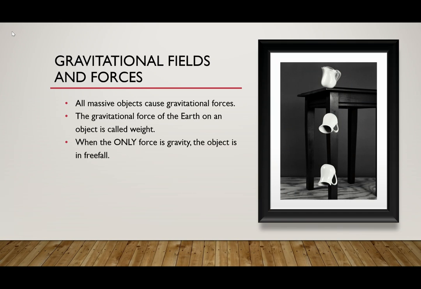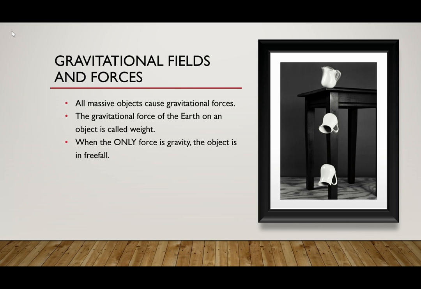When we're looking at a force that we all know and have experience with, we can think about gravity. But now the most important thing for us to realize is that we've got fields. Massive objects cause gravitational forces, and the gravitational force of the Earth on an object is called weight.